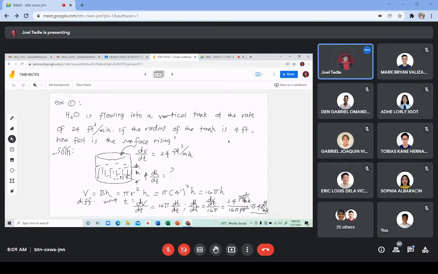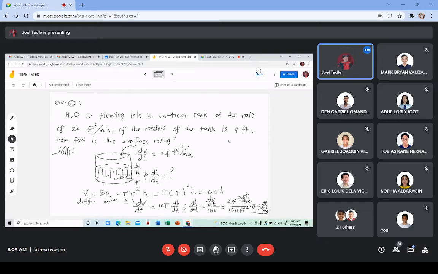Okay, so H2O means water flowing into a vertical tank at the rate of 24 cubic feet per minute. So the rate of the volume of water flowing inside the tank is 24 cubic feet per minute, given. If the radius of the tank is 4 feet, how fast is the surface rising?